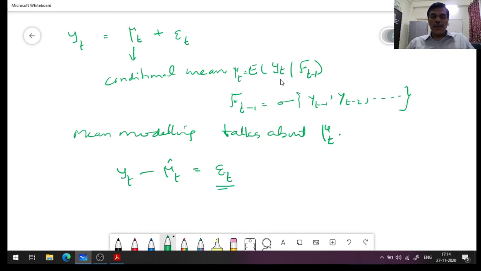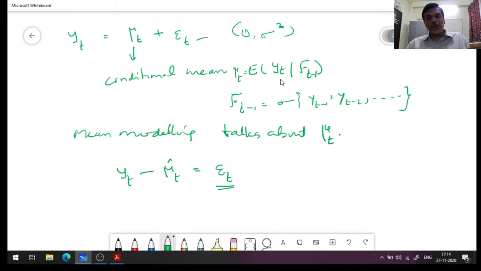So now our model is going to depend on what you are trying to model. For example, if the conditional mean is not there or if it is a constant, this is pretty simple, because then this itself is white noise, 0, sigma squared. So you can say directly that this epsilon_t, the observed return itself, is a white noise.